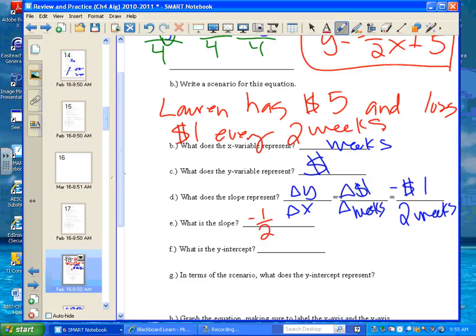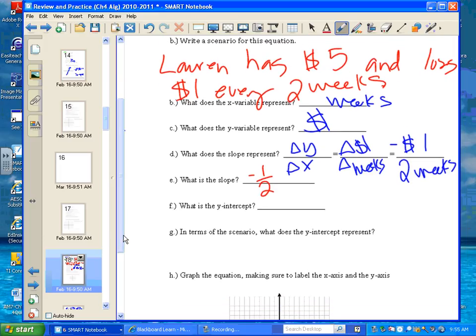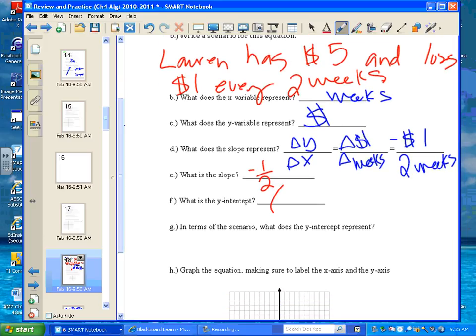Jack, what is the y-intercept as an ordered pair? Good, 0, 5. Michaela, with labels, what is the y-intercept? Zero week.